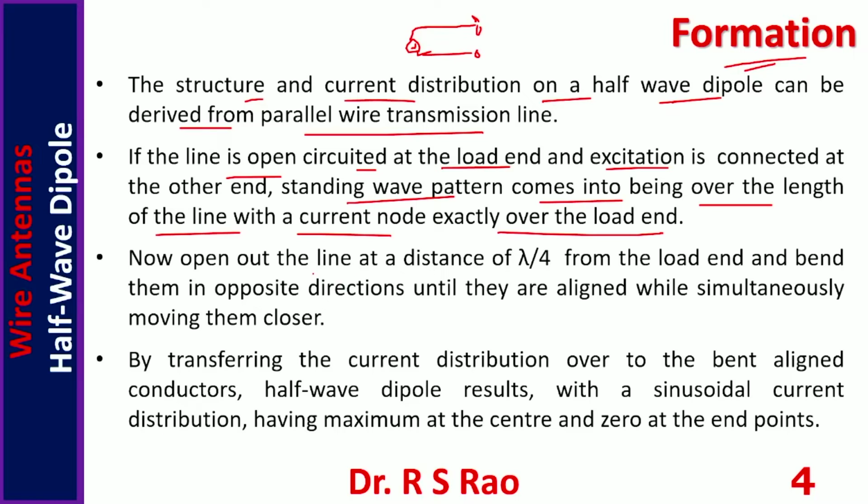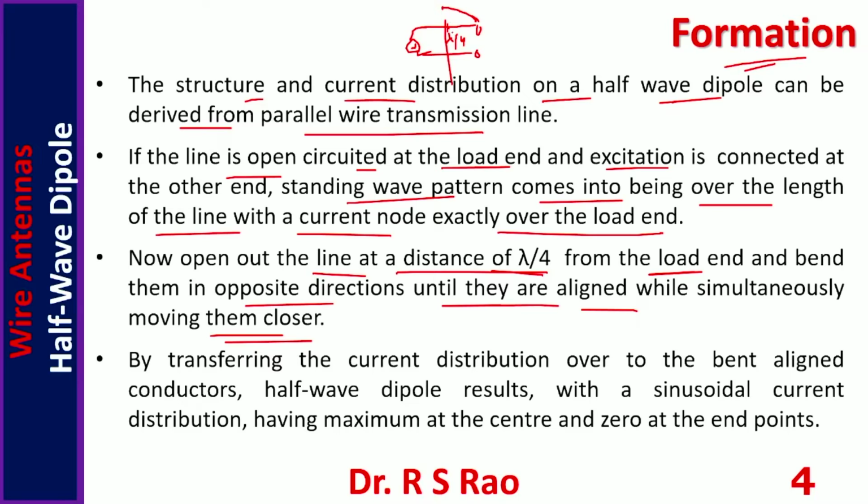Now open out the line at a distance of lambda by 4 from the load end and bend the conductors in opposite directions until they are aligned, while simultaneously moving them closer. So consider a point which is at a distance of lambda by 4 from the load end, this point. Now current will be maximum at this point because it is at a distance of lambda by 4 from the node.